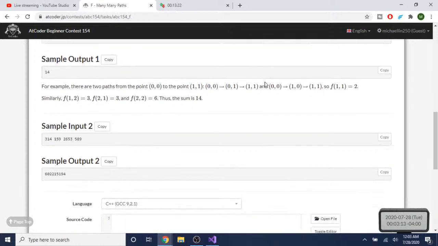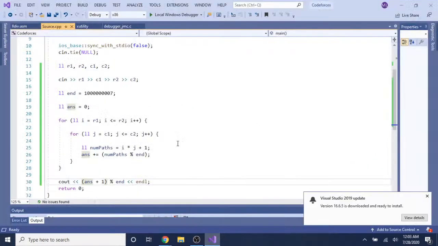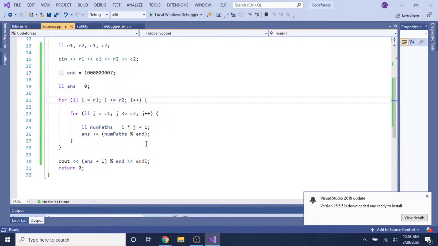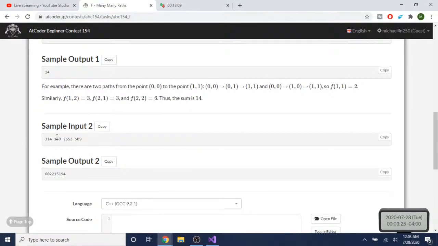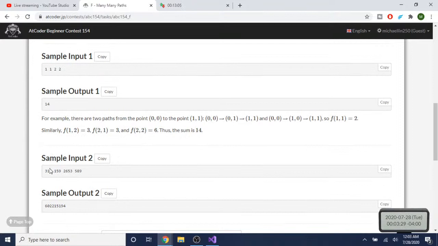So let's see, think about it. Because ideally this does work. Should work. Are we going overflow? I don't think we're going overflow, because our first point is 314, 159. So when you multiply them, you shouldn't be going overflow.